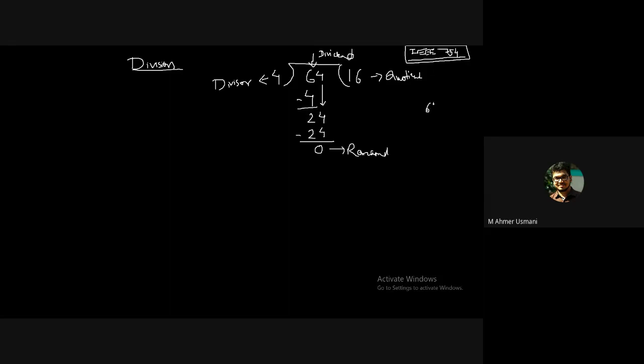If we divide 64 by 4 or 4 by 64, you'll get a completely different answer. But in multiplication, if you perform 64 into 4 and 4 into 64, you'll get exactly the same thing. Even if you change multiplicand with multiplier, it will not have any impact on the answer. But in division, it is very important. So don't get confused with it.